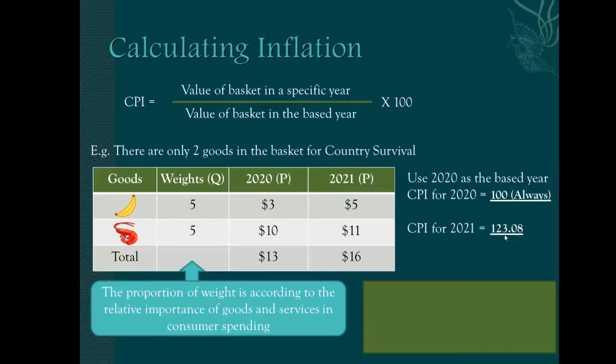When you are trying to explain the idea, try to explain it this way: because the index is increasing, there is inflation, inflated by 23% from 2020. Let me give you another question.